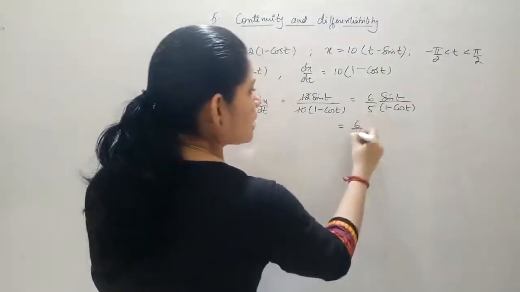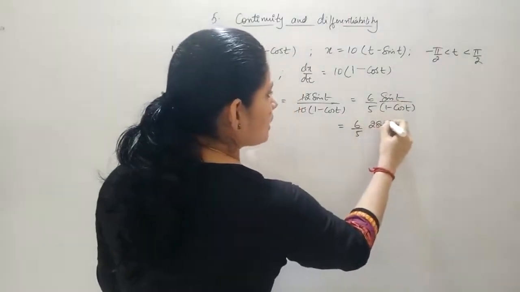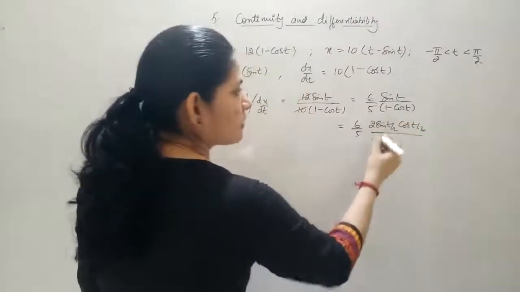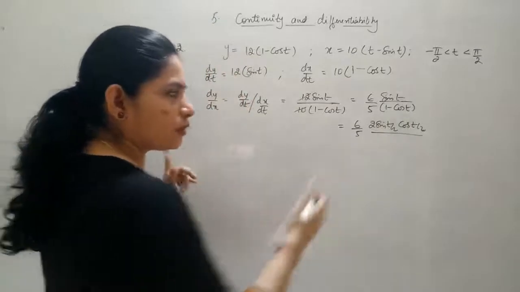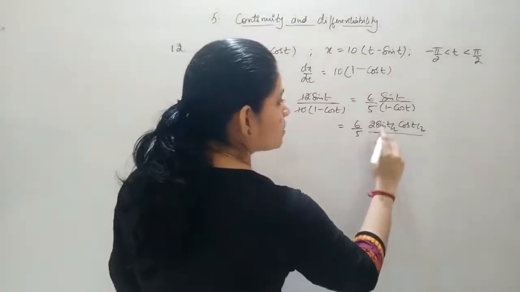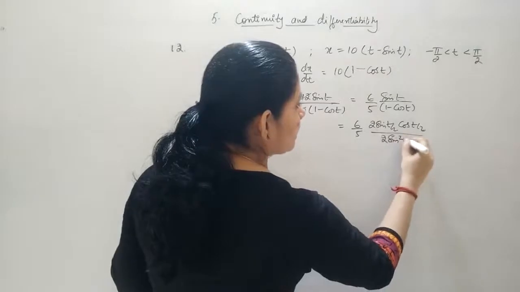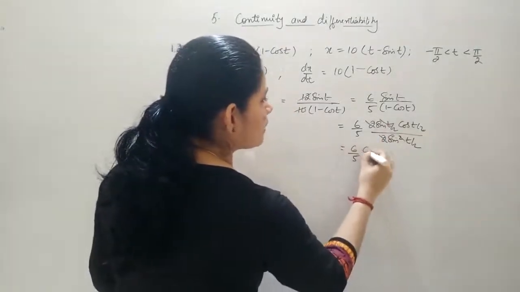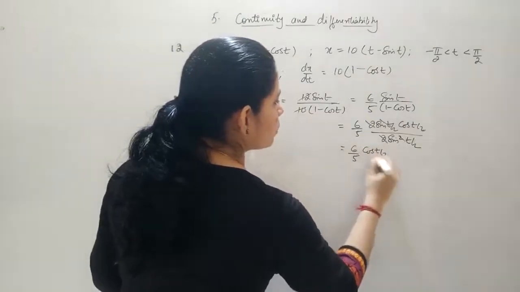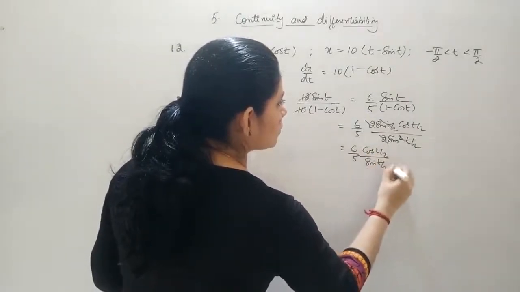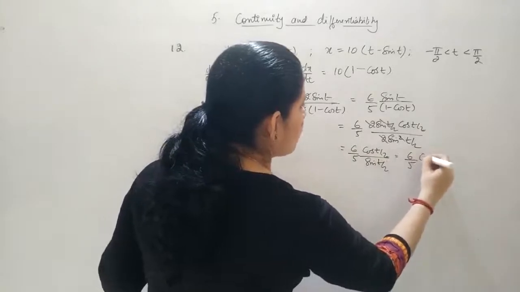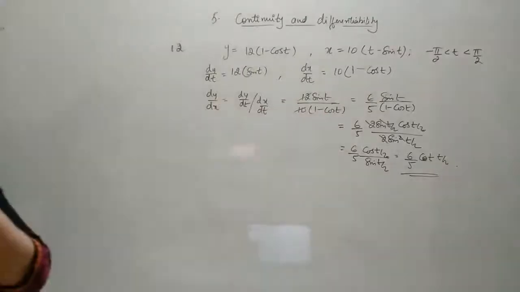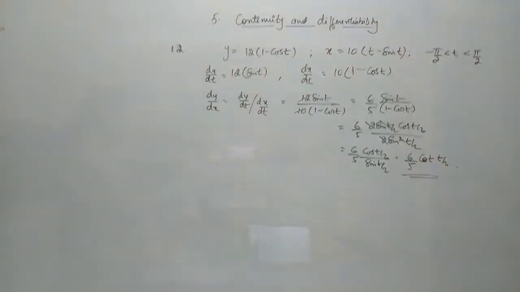How? You can just write sin t as 2 sin t by 2 cos t by 2, and 1 minus cos t is again having a formula which is 2 sin square t by 2. So that 2 will get cancelled, 1 sin will go. You are getting 6 by 5 cos t by 2 divided by sin t by 2, which is 6 by 5 cot t by 2. Okay, that is your dy by dx.